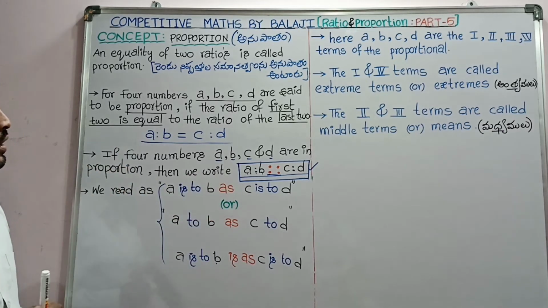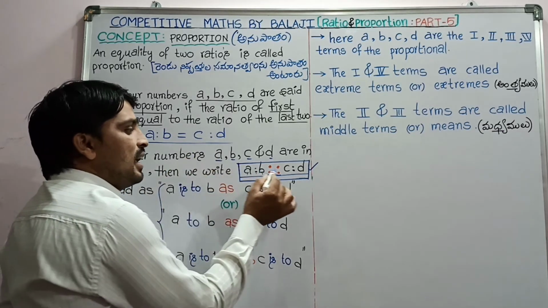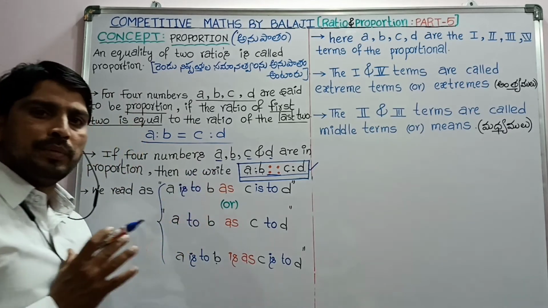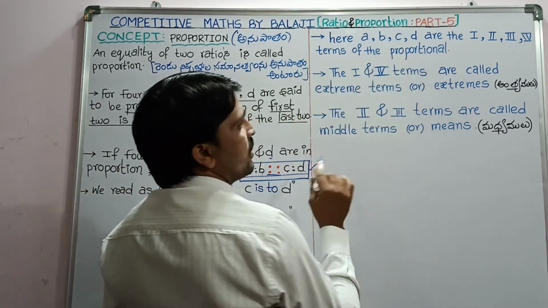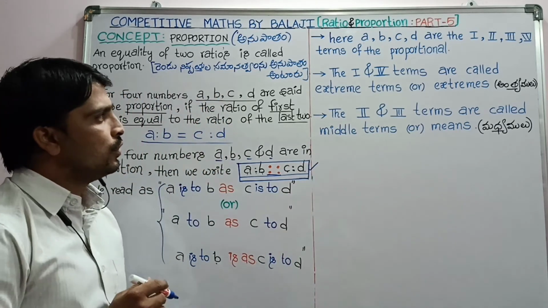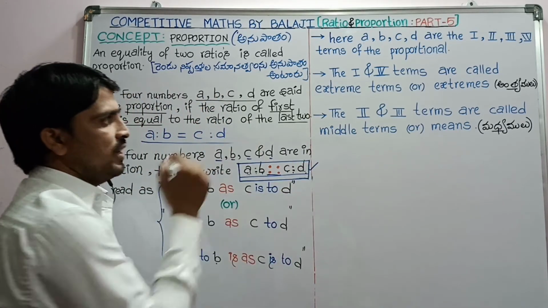Then A, B, C, D are the terms of the proportion: the first, second, third and fourth terms.